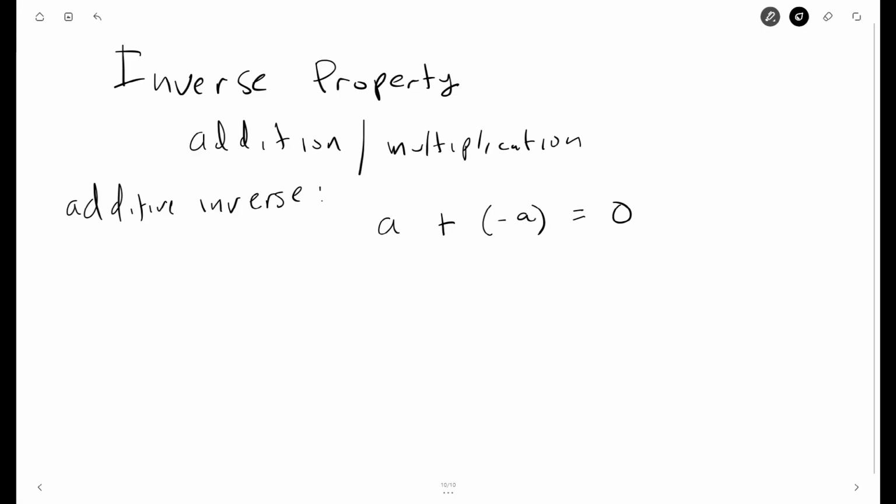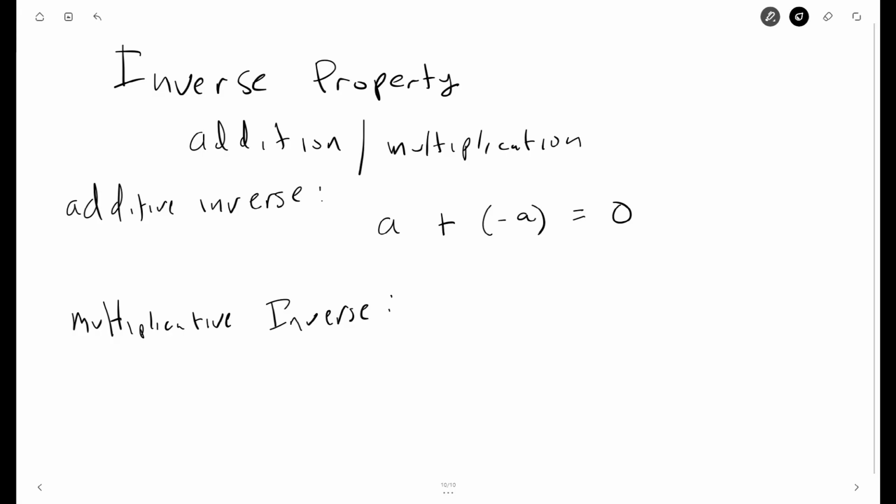Then the multiplicative inverse states that the product of a number and its reciprocal is 1.